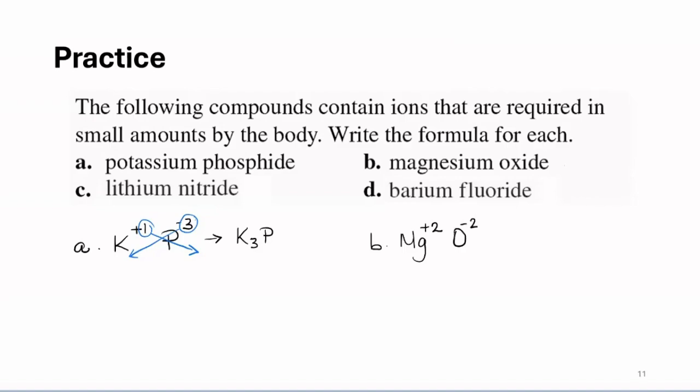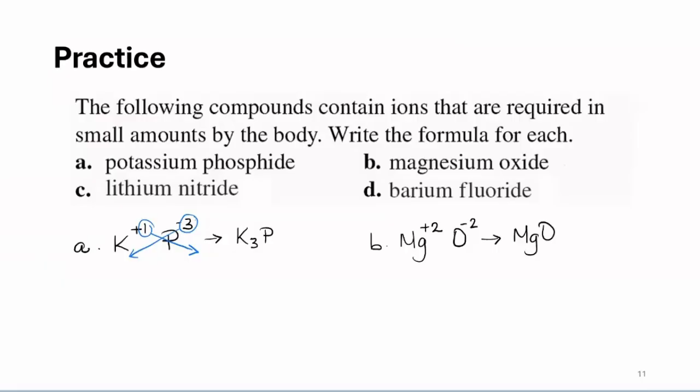When the cation charge adds to the anion charge and it equals 0, all we have to do is write the symbols for the elements. So my final answer for magnesium oxide is MgO.